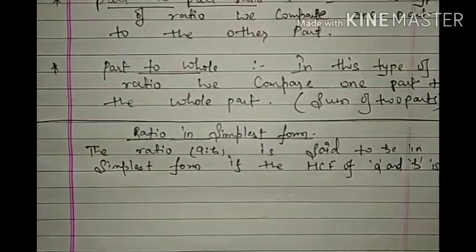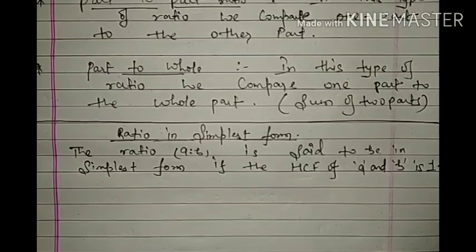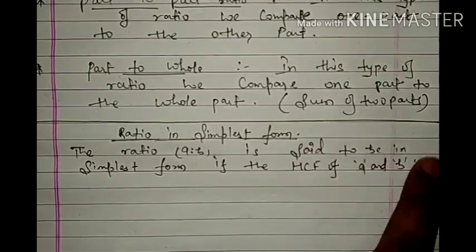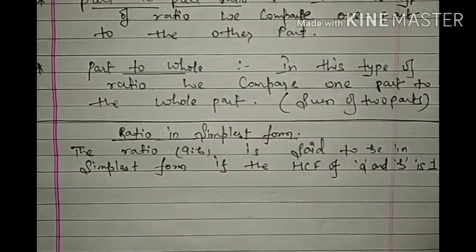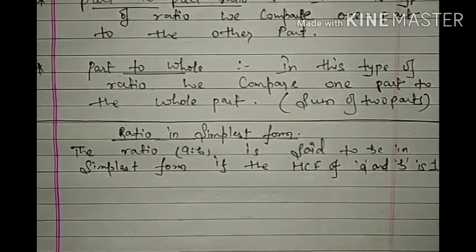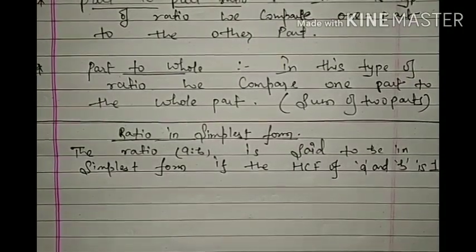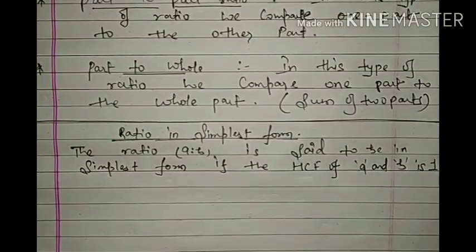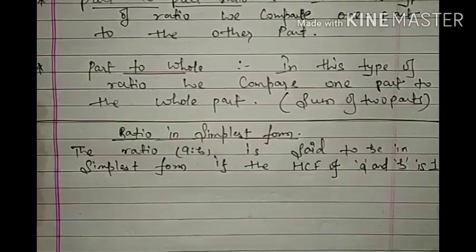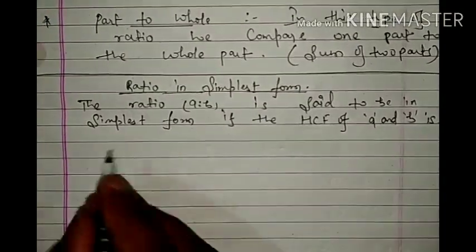When can we say that the ratio is in simplest form? The ratio A ratio B is said to be in simplest form if the HCF of A and B is 1. And this is when we say that the ratio is in simplest form. I hope you all recall this in the fraction. It is everything the same. Now let's take an example, a short example.